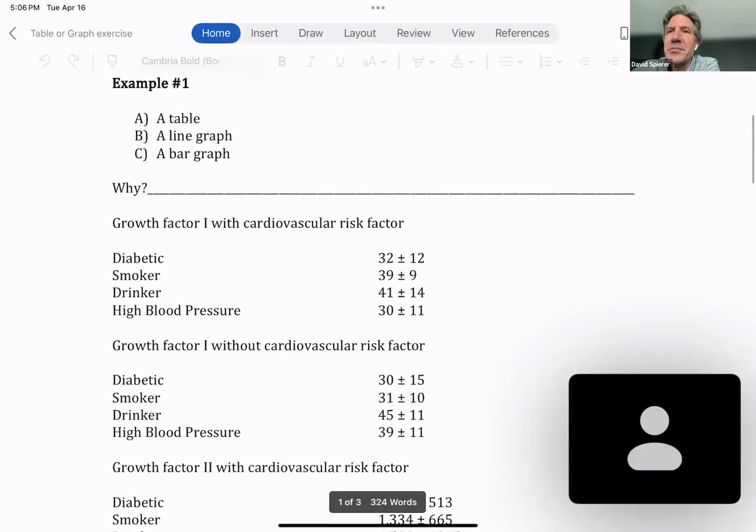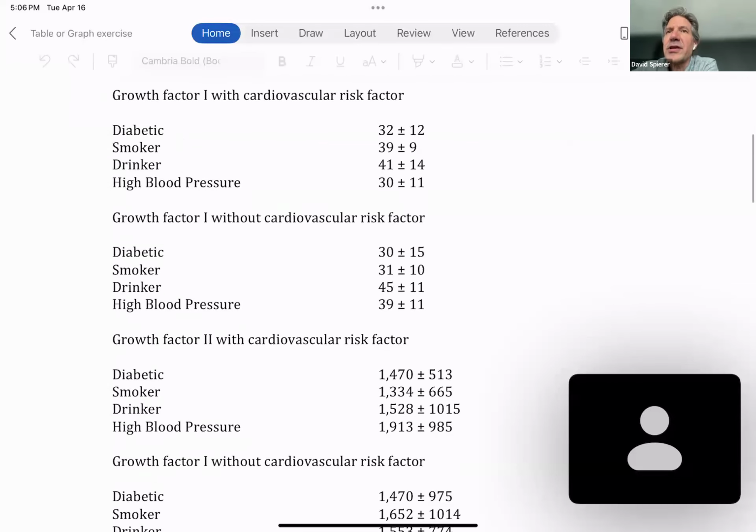So looking at something like this, looking at cardiovascular risk factors as they relate to growth factors. These are specific types of factors that are measured in the blood that may be related to cardiovascular risk, specifically in diabetics and smokers and drinkers and in people with high blood pressure.